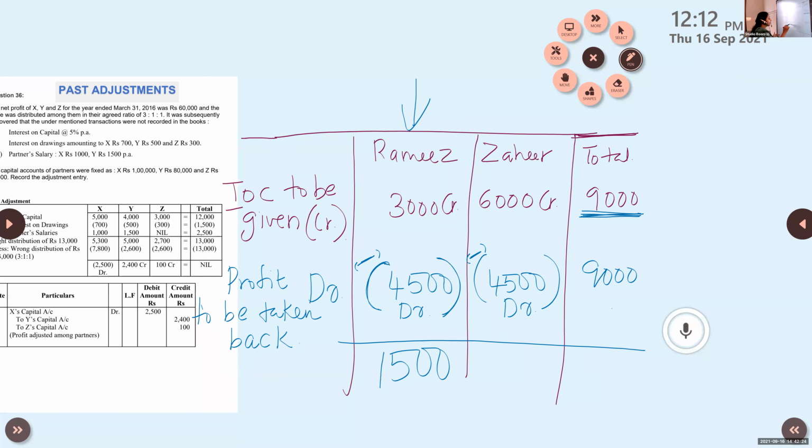We put it in the bracket showing that it is minus. Minus means it is debit. In simple subtraction, we give minus to the bigger amount, that is debit. Here the subtraction minus represents debit. So this 1,500 we will give debit.